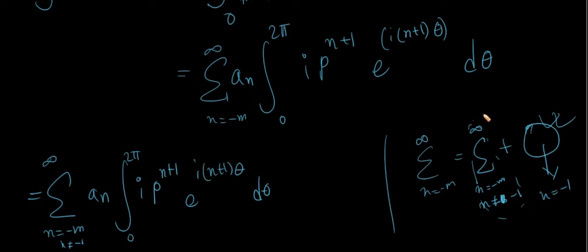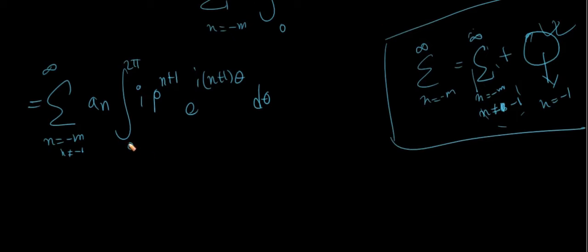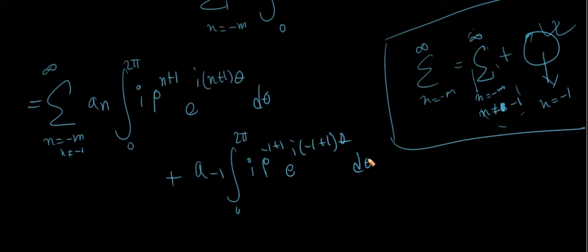Okay, so this is our side note, and when n is equal to -1, this is just a_-1, integration of 0 to 2 pi, there is this i, rho^(-1+1), e^(i(-1+1)theta) d theta, right?